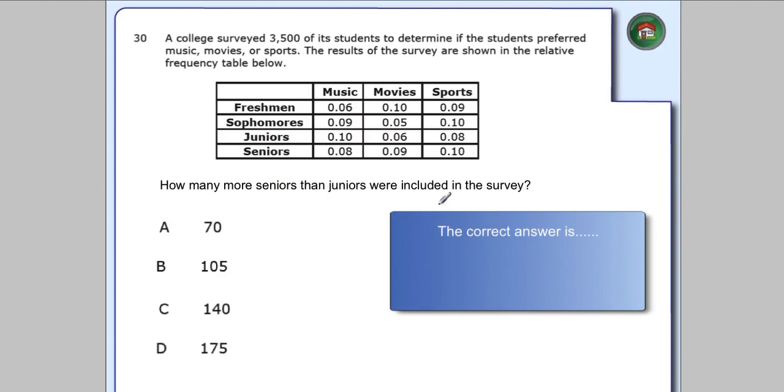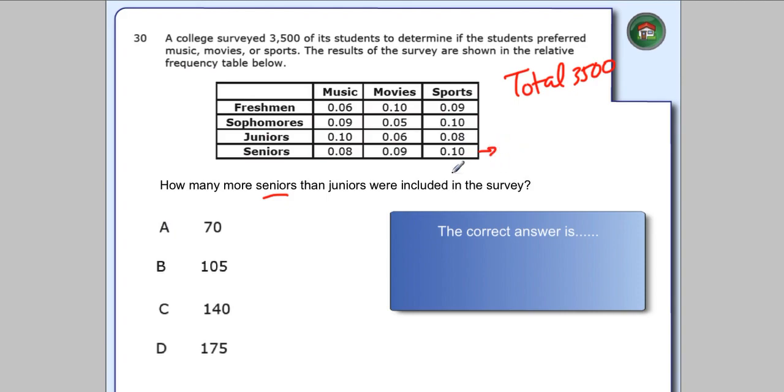All right. And the last one, the college surveyed 3,500 of its students to determine if the students preferred music, movies, or sports. The results of the survey are shown in the relative frequency table. So look at that. A relative frequency table is a percent. How many more seniors than juniors were included in the survey? So what you know is that the total is 3,500 students.